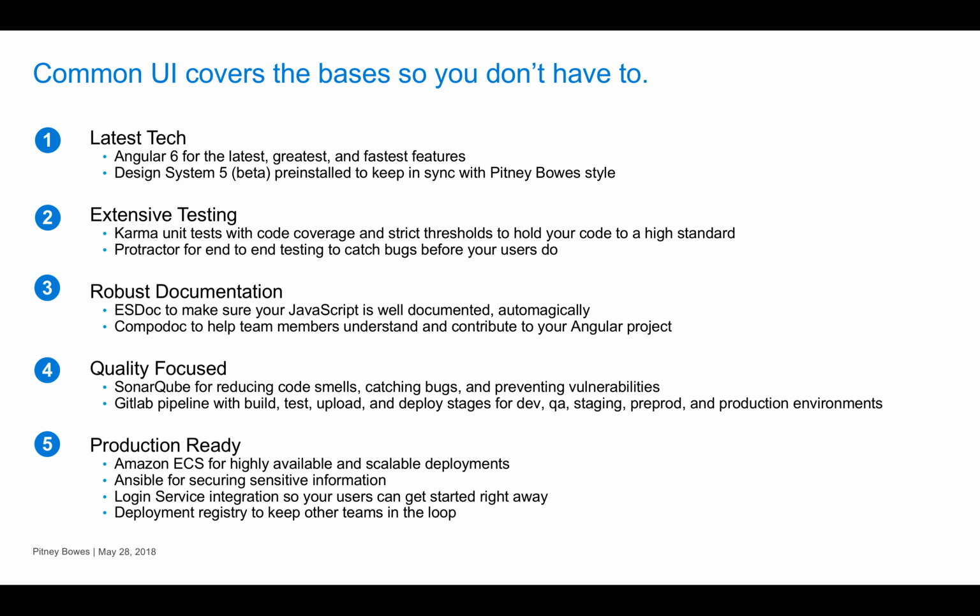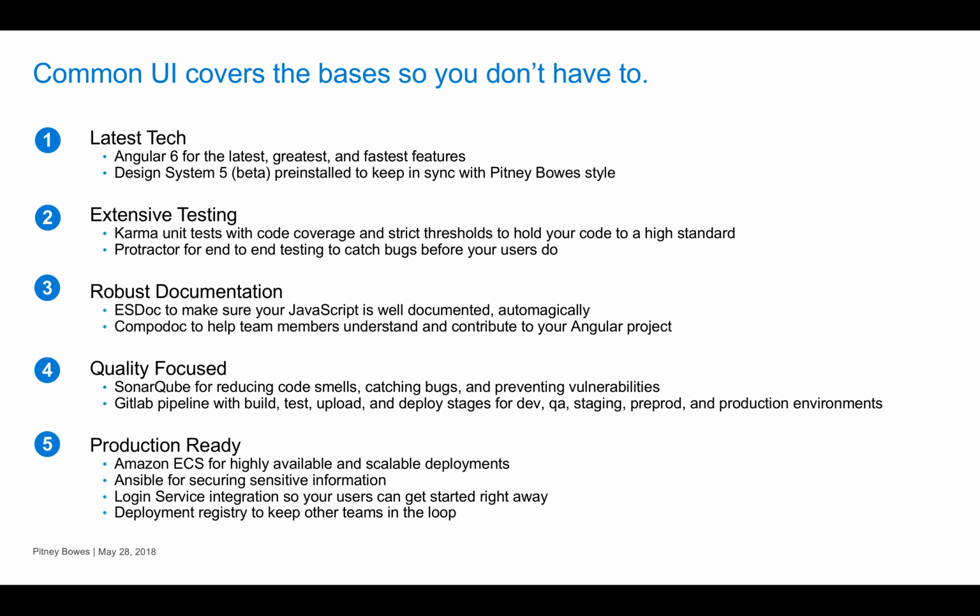Now, Common UI covers the bases so you don't have to. We use some of the latest tech: Angular 6 for front-end development, a great trusted framework, and Design System 5 pre-installed to keep you in sync with Pitney Bowes' style. We use extensive testing, so we have Karma unit tests, and this includes code coverage reporting and strict thresholds to hold your code to a high standard.